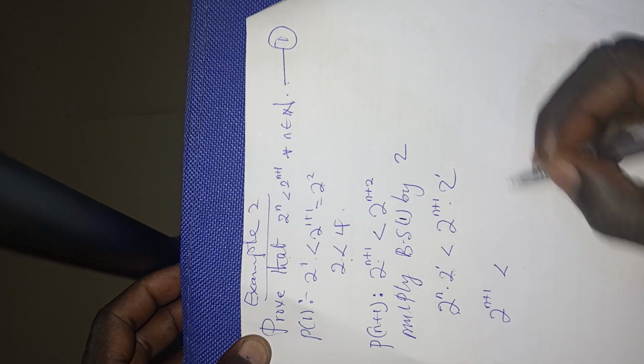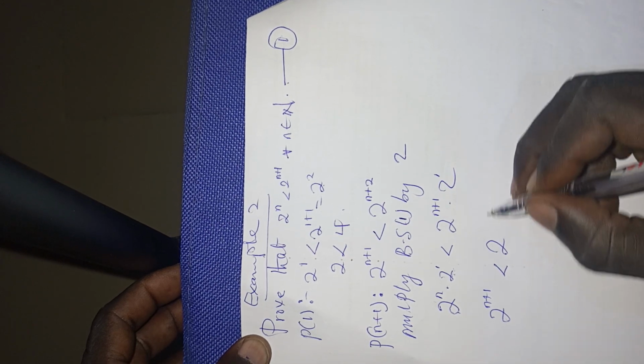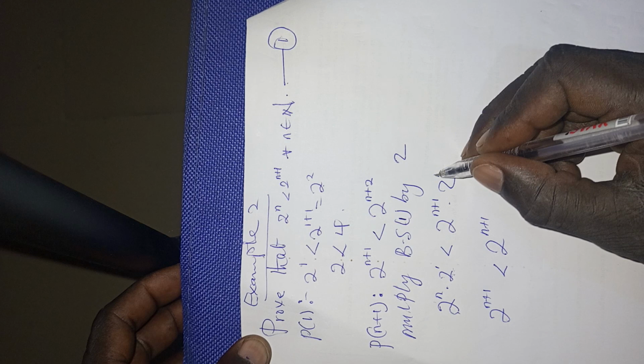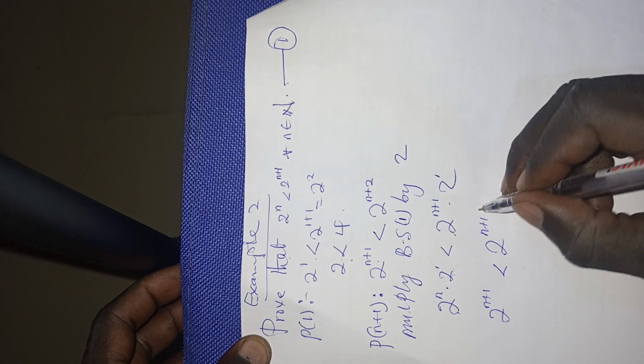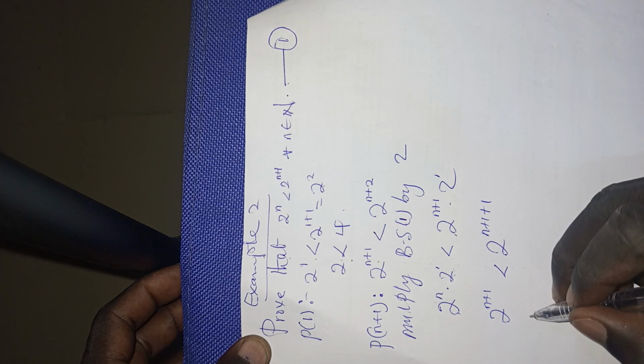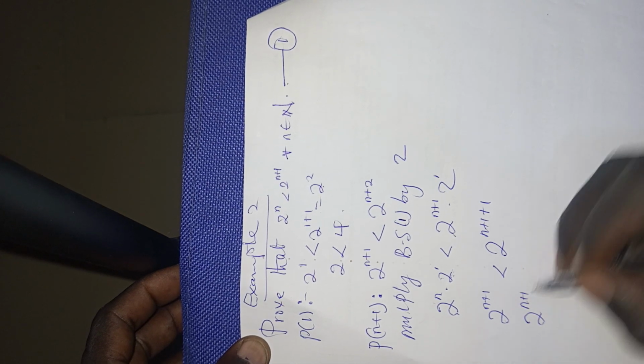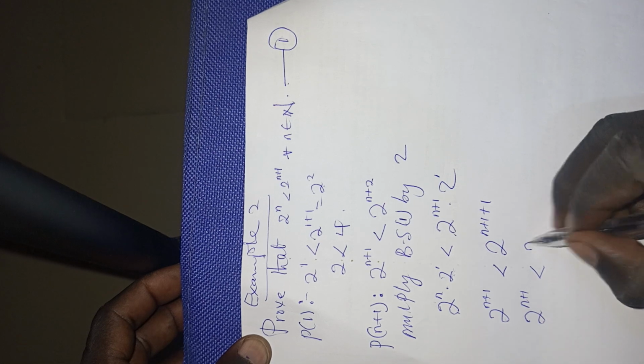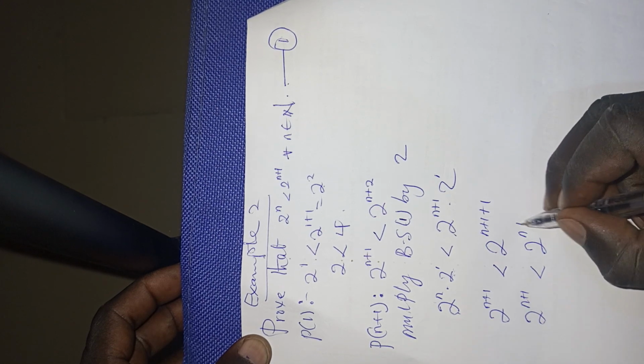So actually, this is less than 2 raised to the power of n plus 1, and then this has power 1, and it is equal bases, so we have plus 1. So this is equal to 2 raised to the power of n plus 1, strictly less than 2 raised to the power of n plus 2.